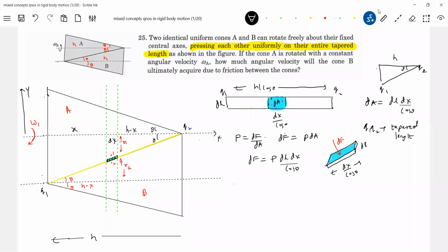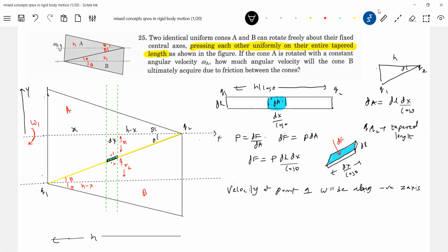So what is point 1? V1 will be the velocity of point 1, along the negative z axis, or parallel to the negative z axis.